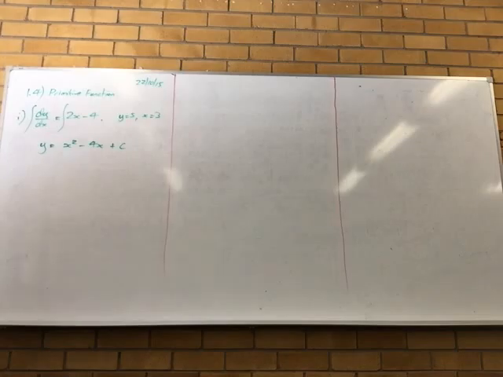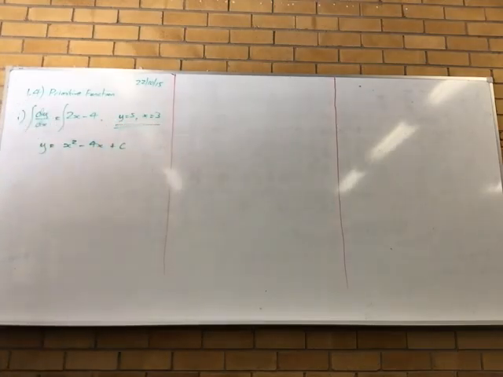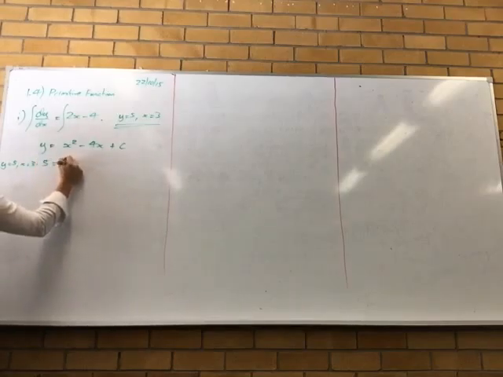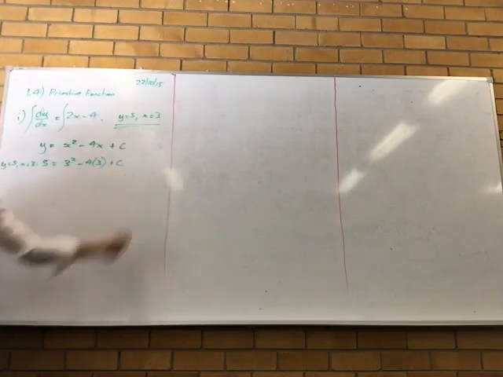Right, so we are told information about the original function. When y equals 5, x equals 3. So we substitute y equals 5 and x equals 3 to determine the value of c. So 5 is equal to 3 squared, take away 4 times 3, plus c.